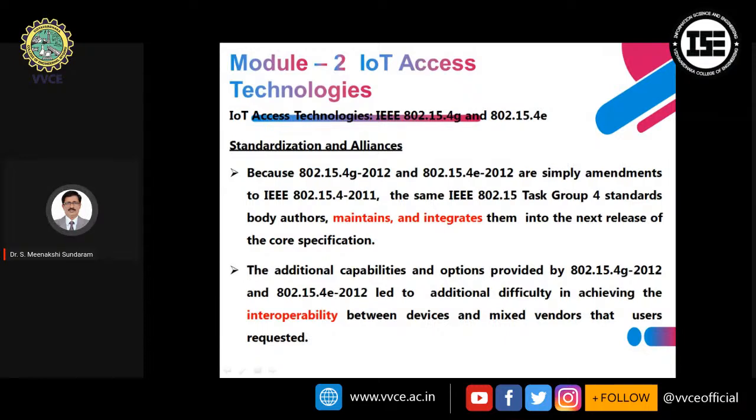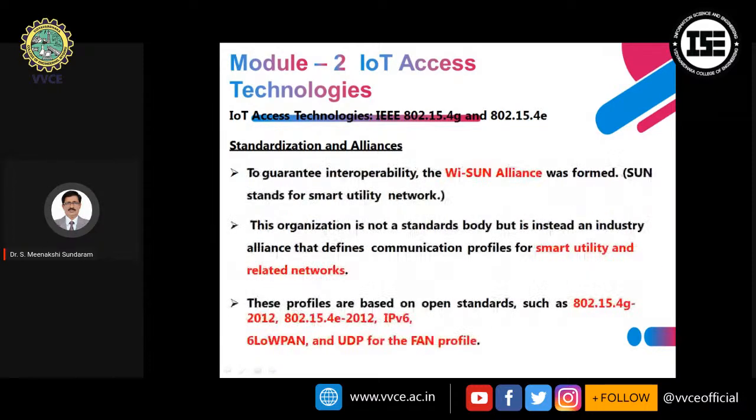So the standardization and alliances: 802.15.4G 2012 and the amendments made the same group of standards. We maintain the standards and integrate them into the next release of the core specification. The additional capabilities and options available in 4G 2012 and 4E 2012 led to additional difficulty in achieving interoperability between devices and mixed vendors that users have requested.